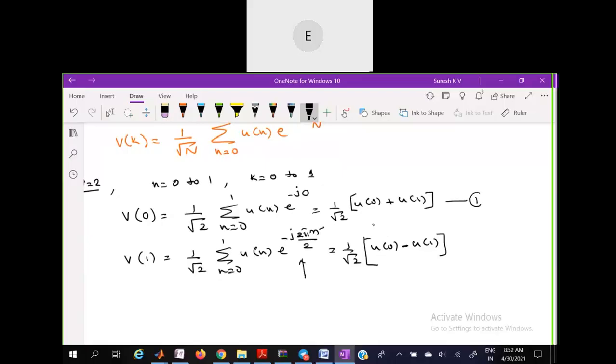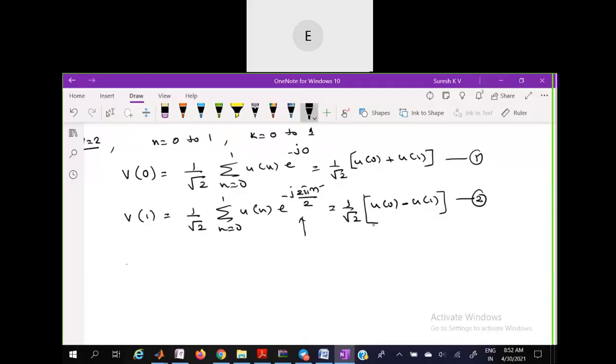So I got two equations. So I can now represent v of 0, v of 1 in the form of a matrix multiplication, which is equal to, okay.